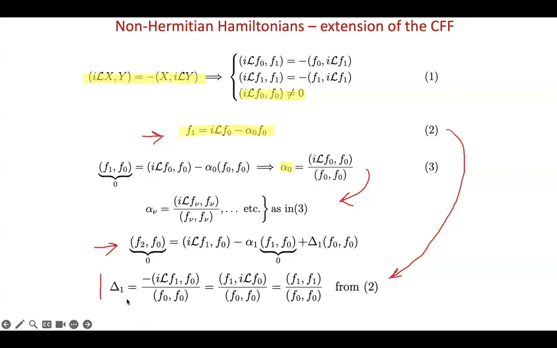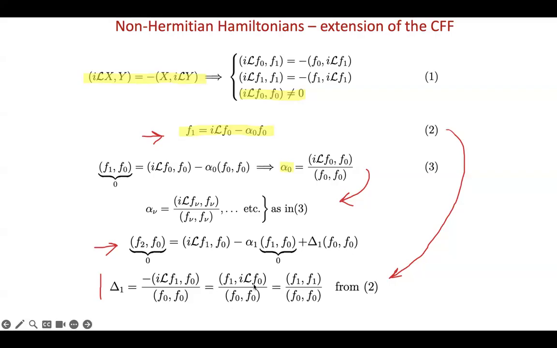So delta 1 now becomes, now you see there's a plus sign, minus IL F1 comma F0 over F0 F0. And minus IL F1 comma F0 is F1 comma IL F0 by this formula. So clearly we can see that this becomes the structure of F1.